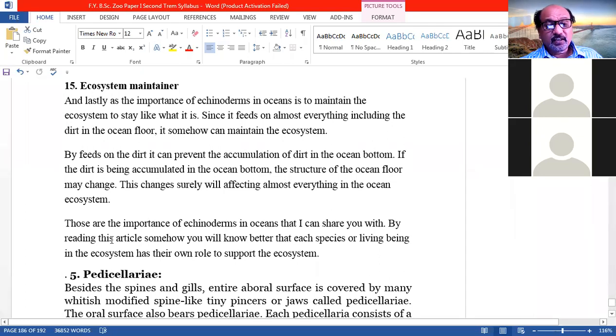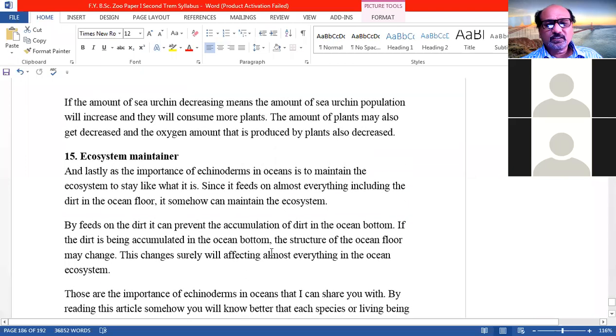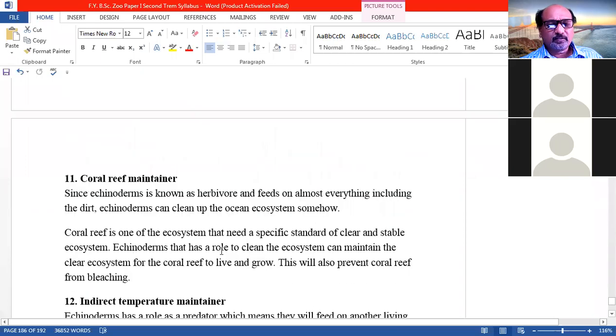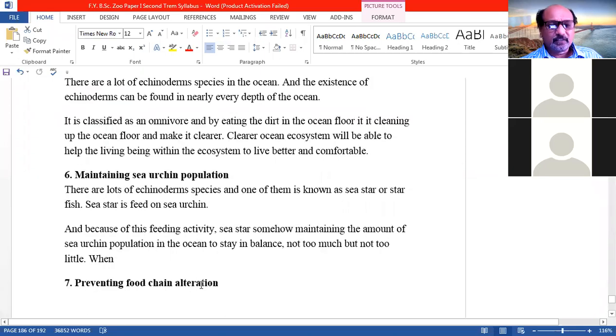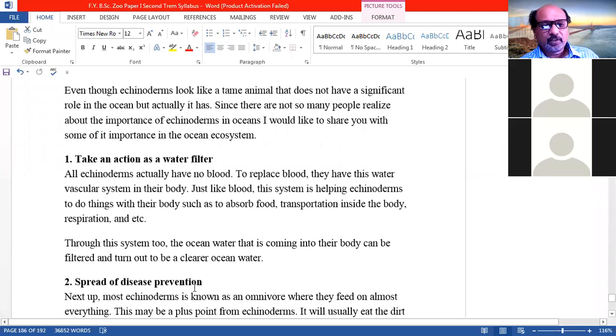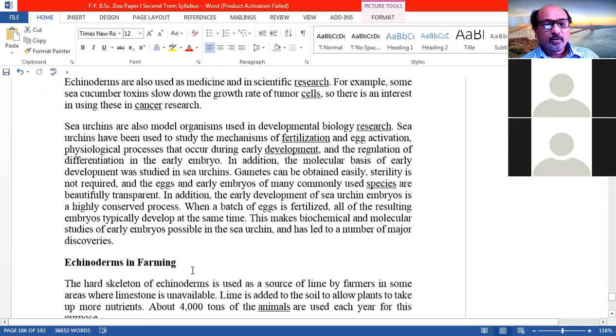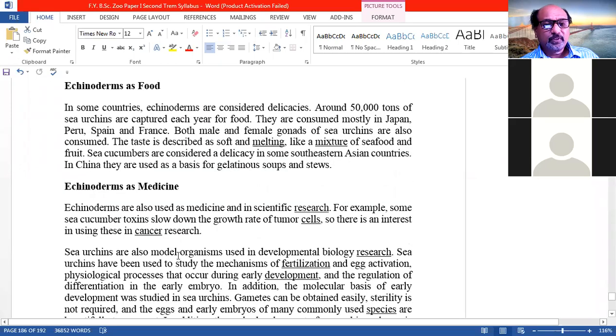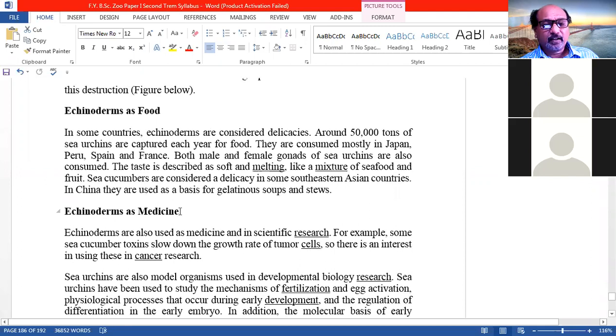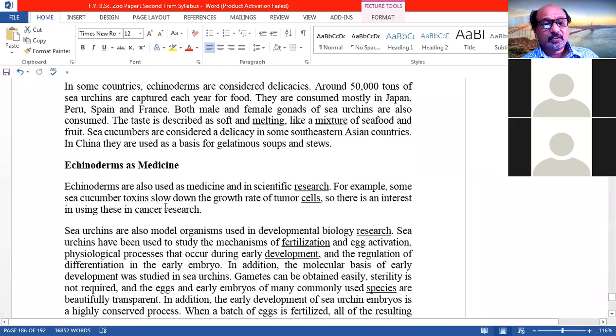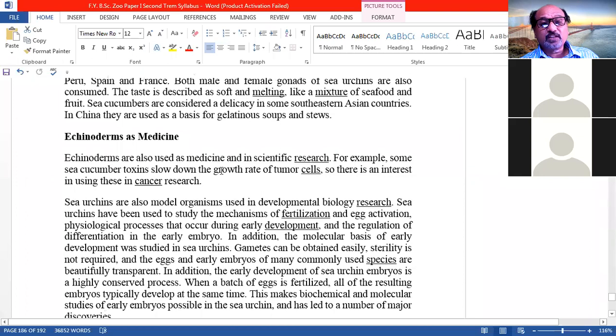Students, another point, which we discussed yesterday, is their medicinal importance also. Echinoderms act as medicines. Echinoderms are also used as medicine in scientific research.